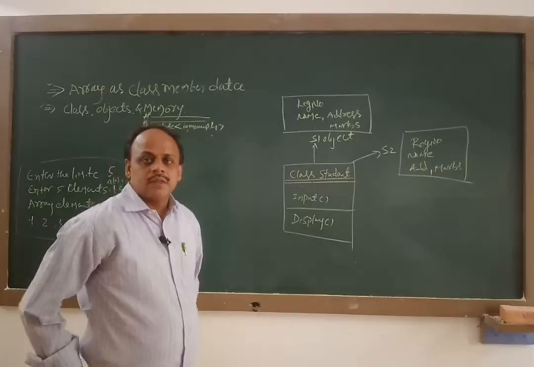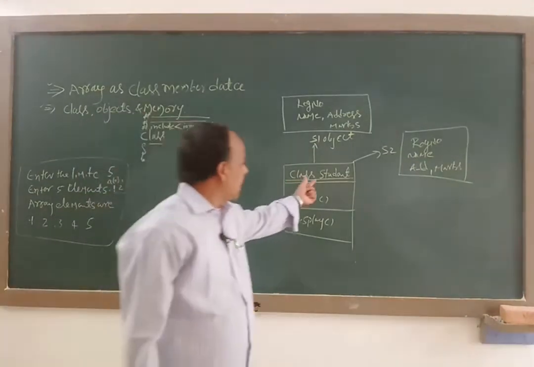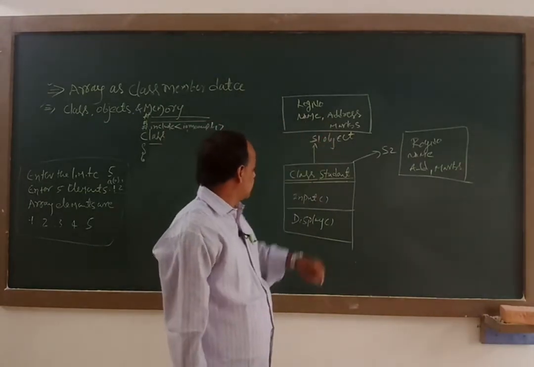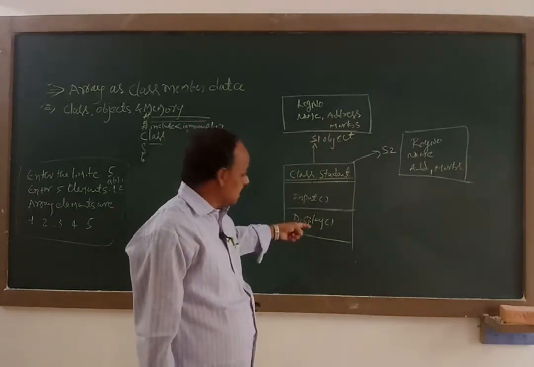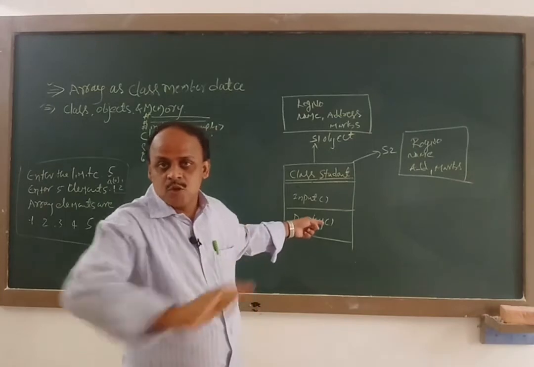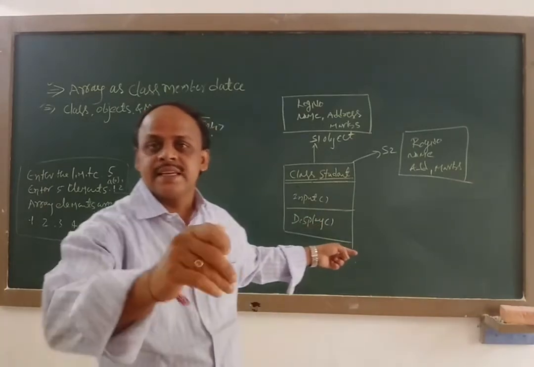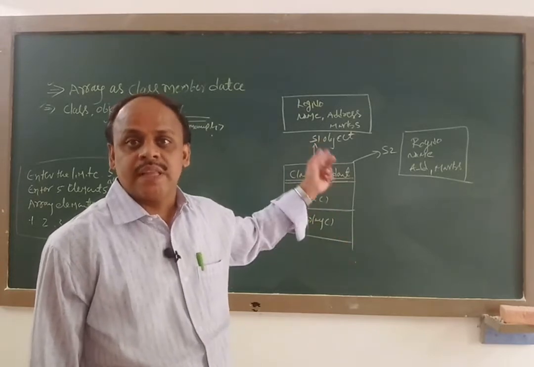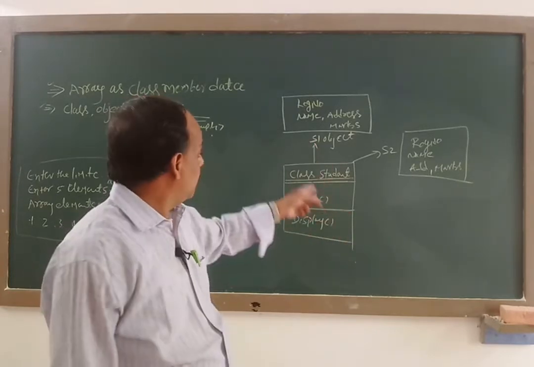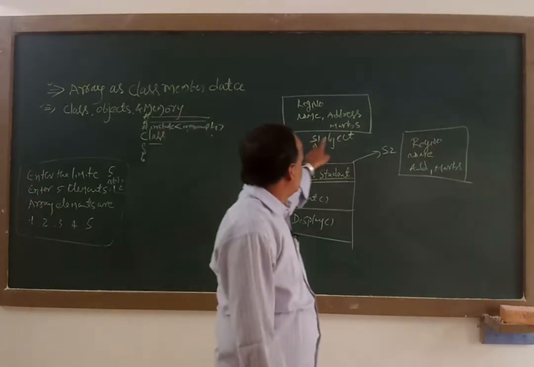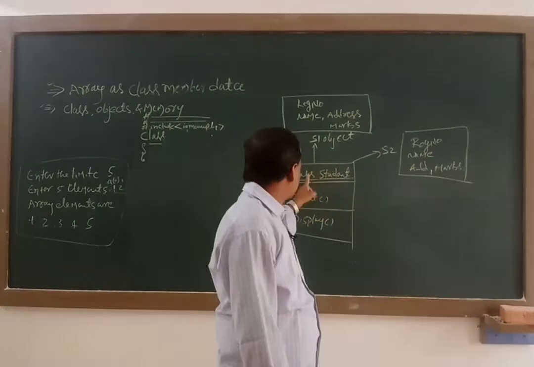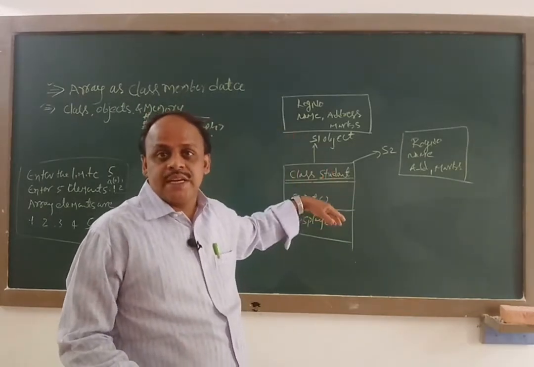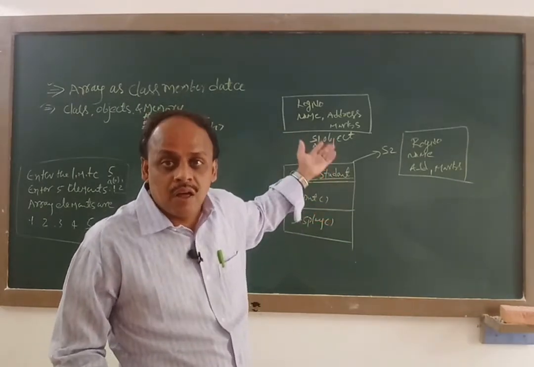It means whenever you declare a class with the data members register number, name, address, marks, and member functions input function and display function, no memory is allocated inside the computer. Whenever you declare objects for that class, for example S1 and S2 are objects of class student, then for each object memory is going to be allocated.